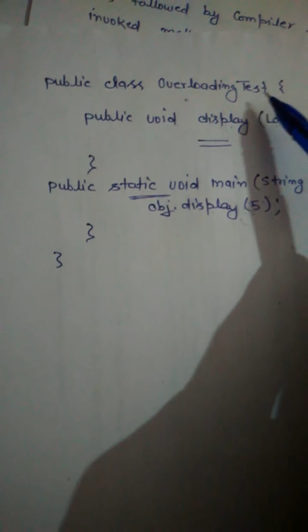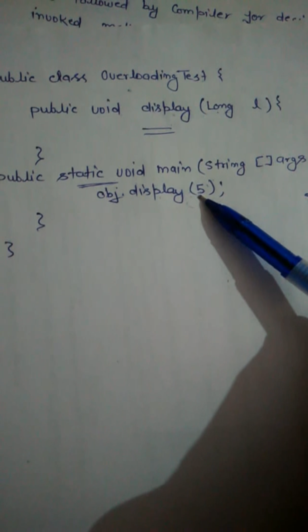It will find in the class that there is no such method. There is a method display, but it doesn't accept a primitive integer. It is accepting the reference type of long.